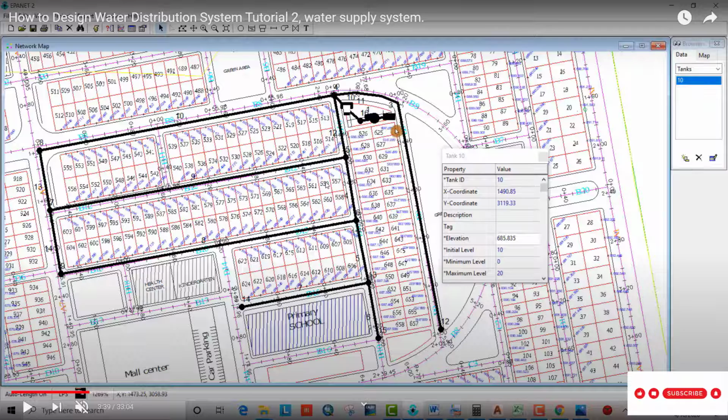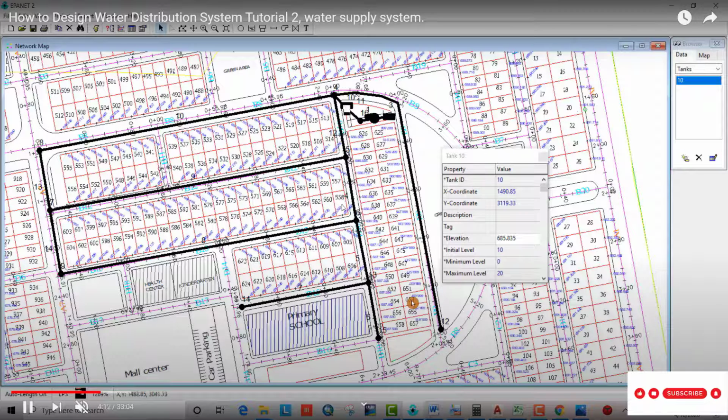For branch, we calculate the number of houses, the water for these houses, and provide the demand for this node differently. And for this one, we calculate the number of houses here and for the school, and provide water to this node. That is the method by which we provide the water demand for the nodes.